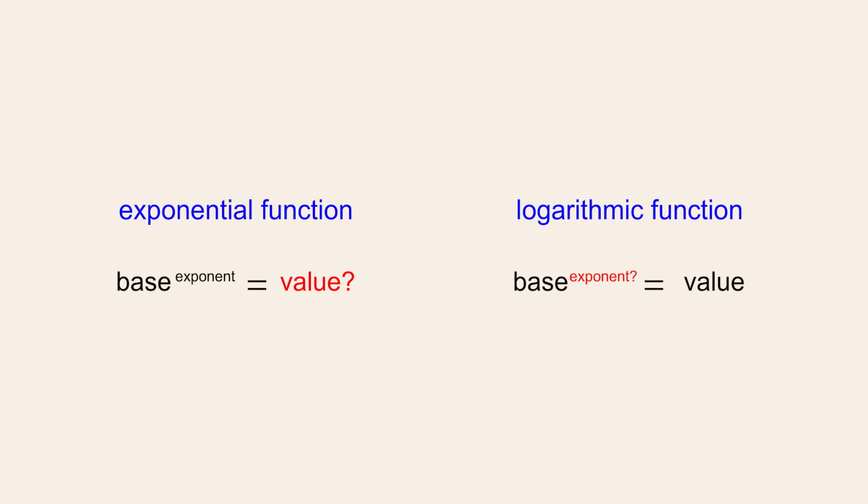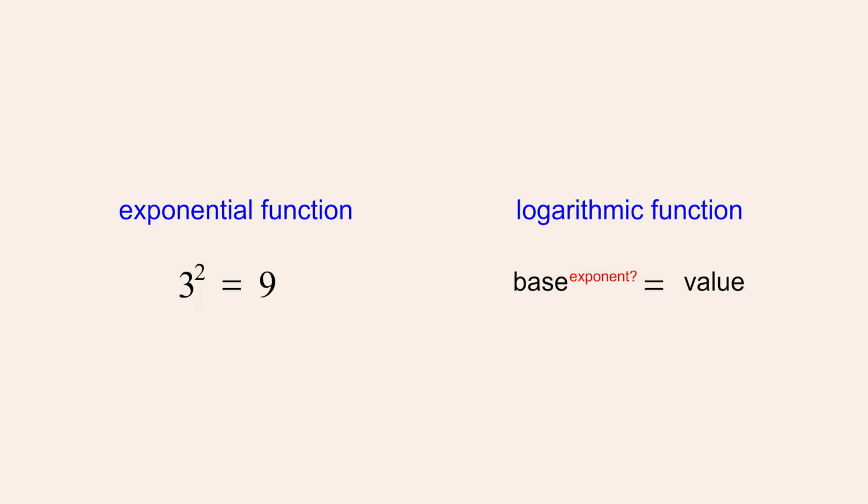The process of determining the value of an exponential function is straightforward. Its value is determined by raising the base to the power of its exponent. For example, if the base is 3 and its exponent is 2, we simply calculate 3 squared, which is 9.